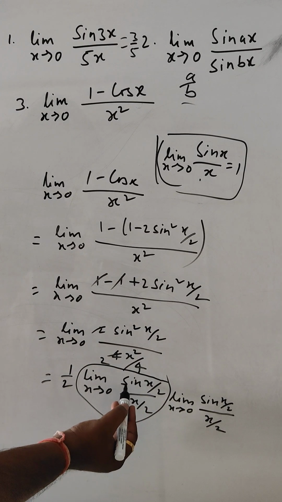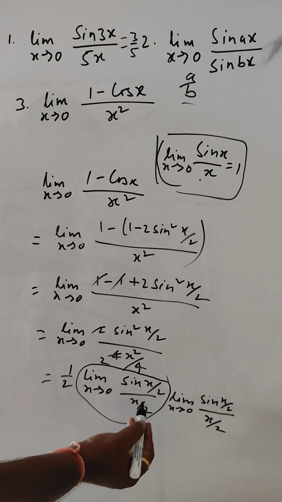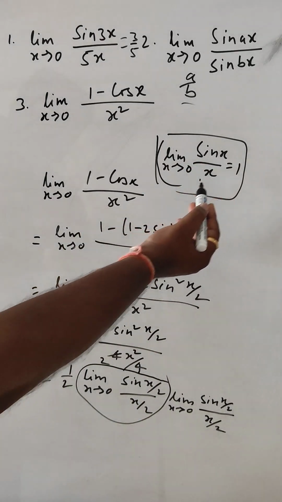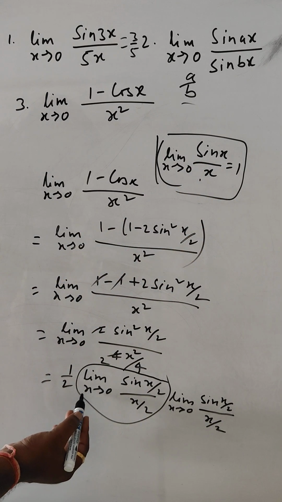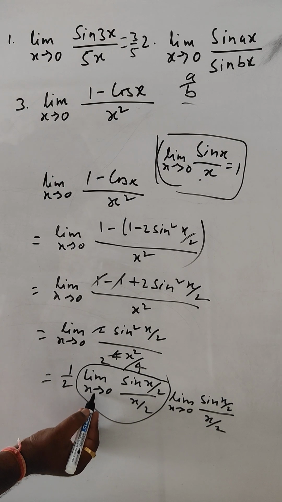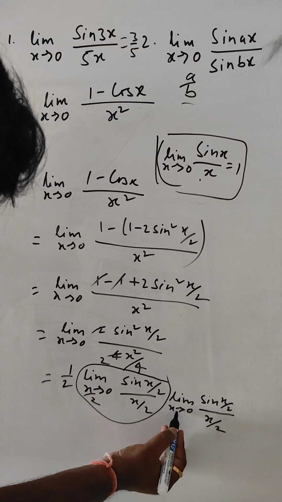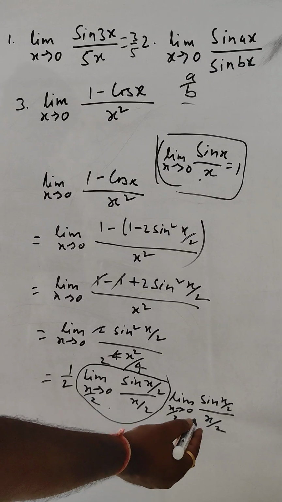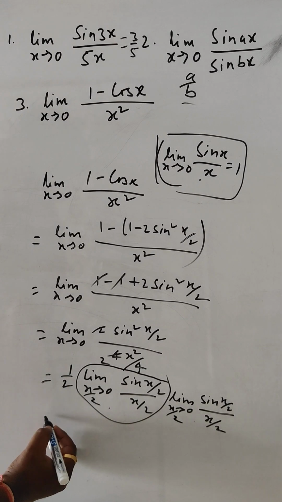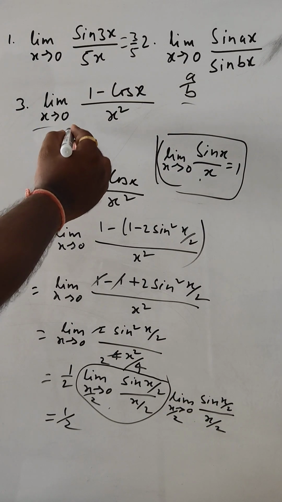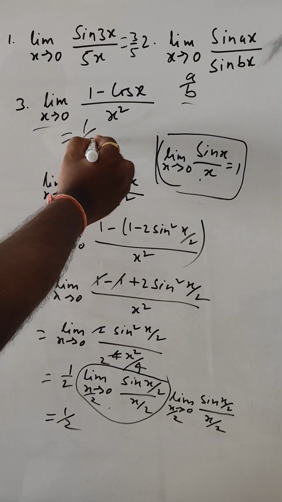Here it says x tends to 0, right? So if x tends to 0, x by 2 also will tend to 0. So there is no problem. So this portion will be 1, this portion will be 1, and here is half. So the answer is half. So for this problem, the answer is equal to half.